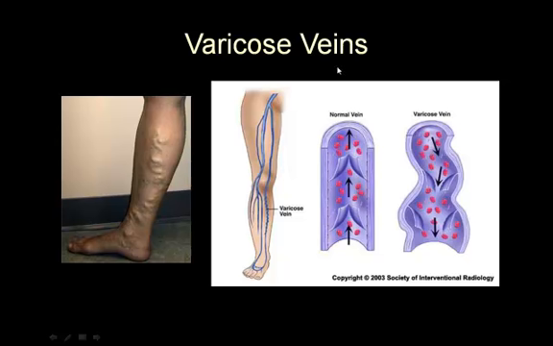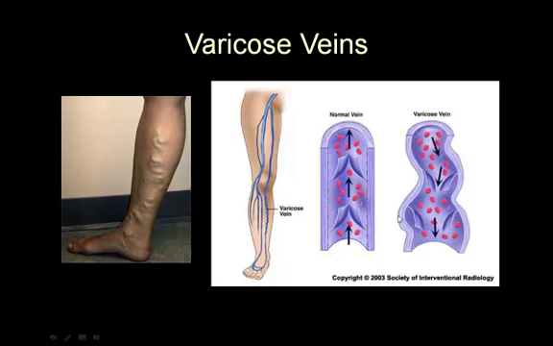And here's where I'll talk about one of the challenges with veins, and you probably may have heard about a condition called varicose veins. Varicose veins occur when the normal valve system of the veins begins to malfunction. And so in a normal vein, you see the blood would be flowing in this direction from the bottom of the screen to the top. And it's this intact valve system that prevents the backflow.